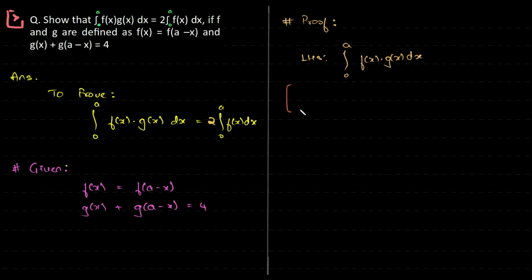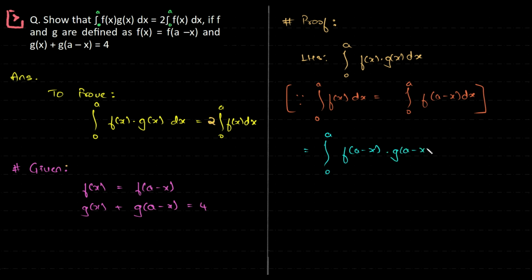So we know that the integration from 0 to a of f of x dx is equal to the integration from 0 to a of f of a minus x dx. So with this in mind, I have the integration from 0 to a of f of a minus x into g of a minus x dx, right?